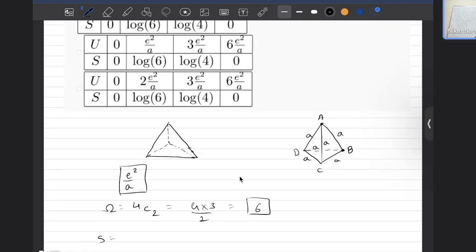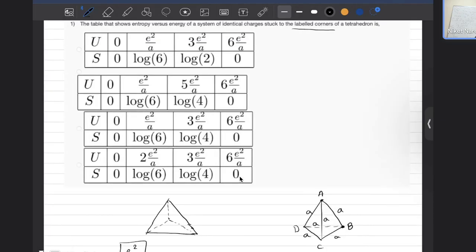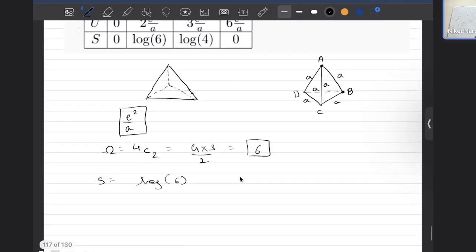So entropy is simply log of 6. For E square by A, this is my U, I have S is equal to log of 6. Now I have considered all possible scenarios for two charges, because this is the only kind of scenario that can happen.